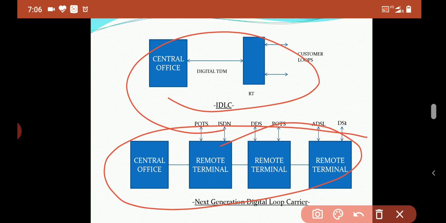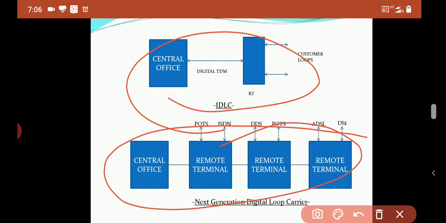First is optical fiber transmission capabilities, that is SONET and SDH can be used. Usually large line sizes, and ability to interface with the central office operation support system for diagnostic, alarm and remote provisioning. So these are the important points that conclude the next generation digital loop carrier system.